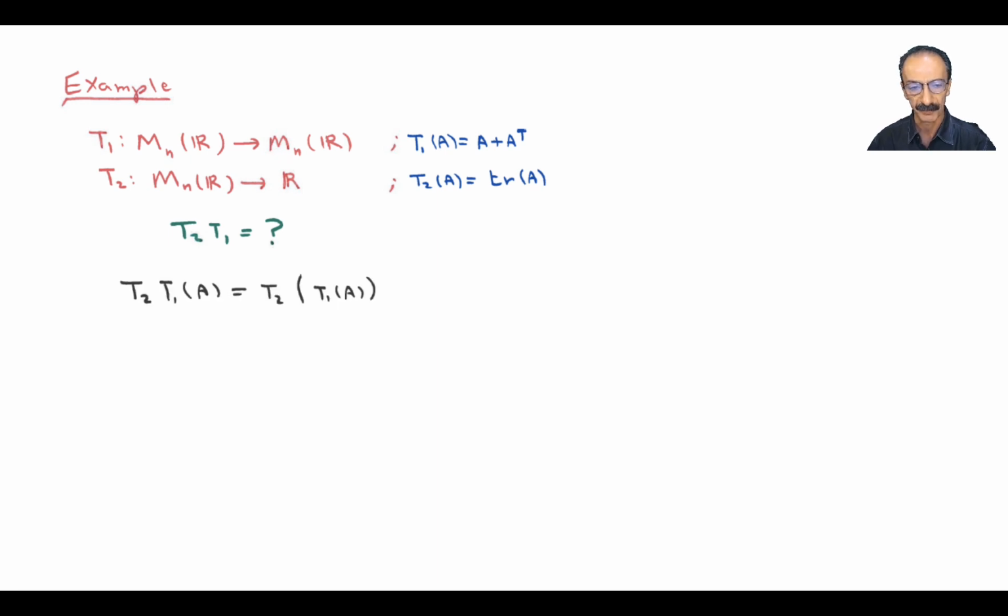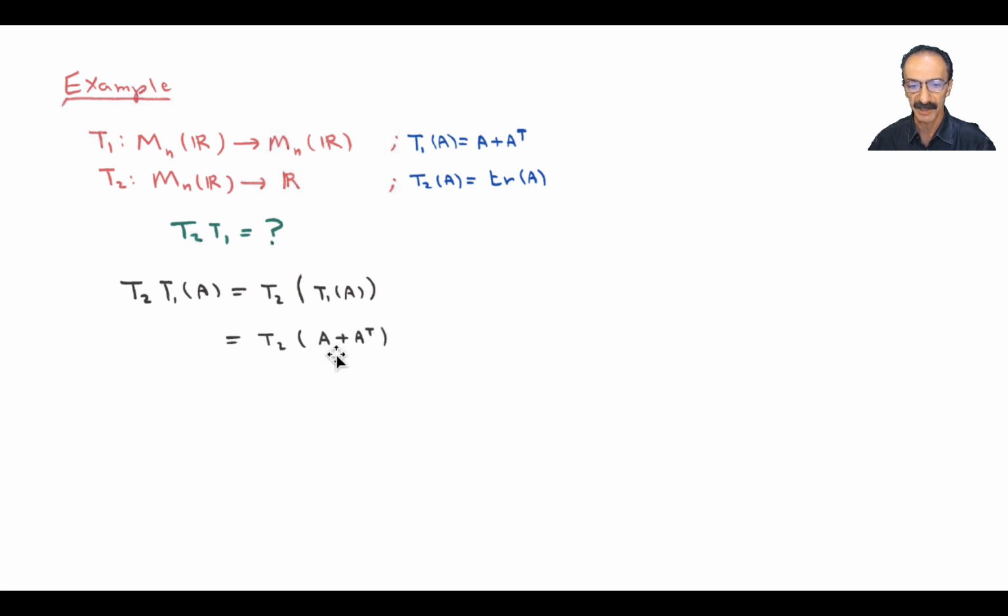So let's start. T2 T1 of A, we could say T1 of A first, and T1 of A is A plus A transpose. So we replace T1 of A with its definition.